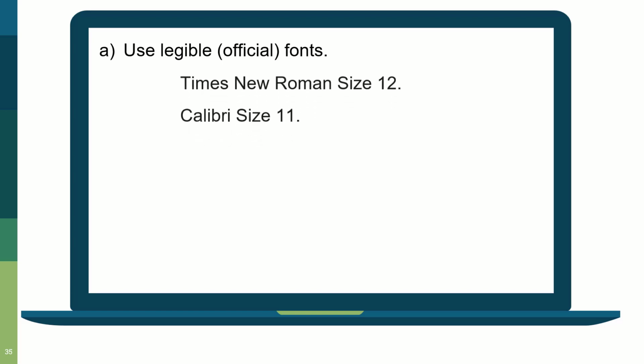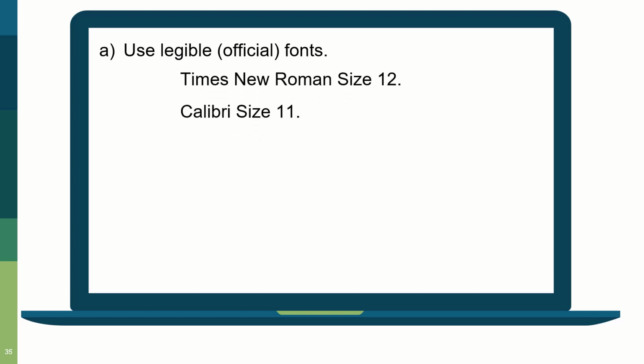For example, many people talk of Times New Roman size 12 or Calibri size 11 as the official font, but these are not the only official fonts. Nobody declared them official, by the way, but they are considered legible, and that's why people consider them official. You also have others like Tahoma size 12, which is a good font.